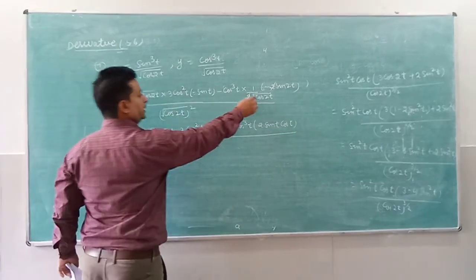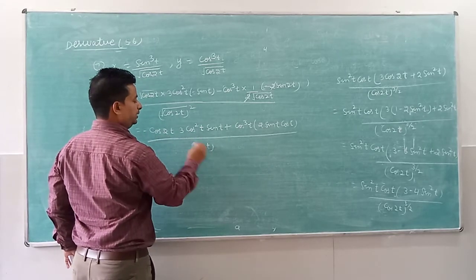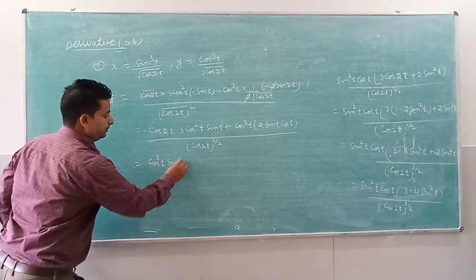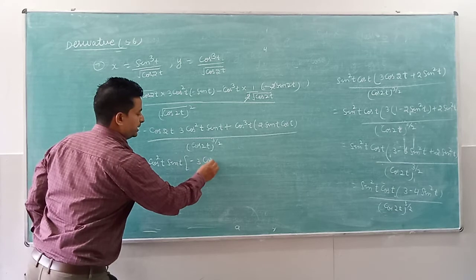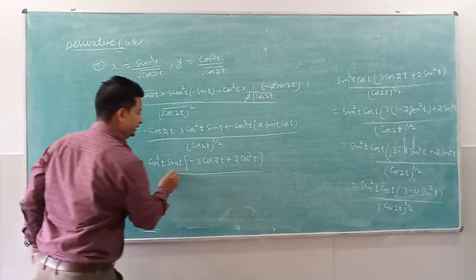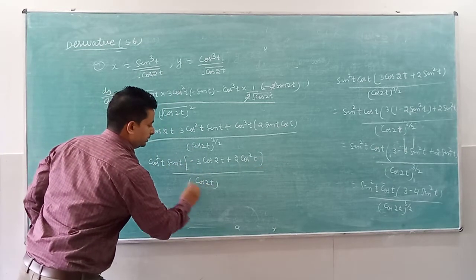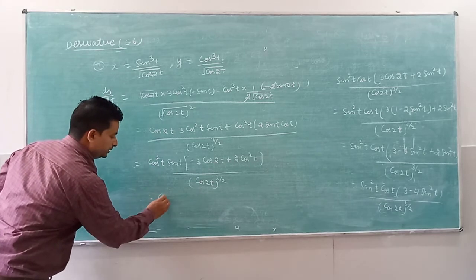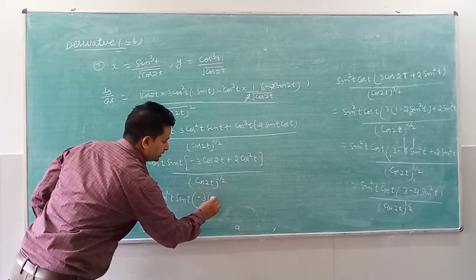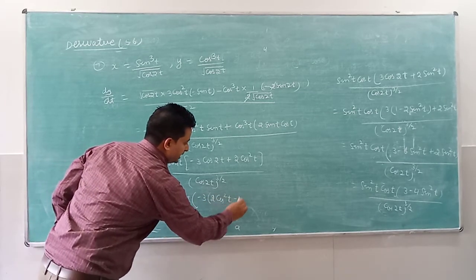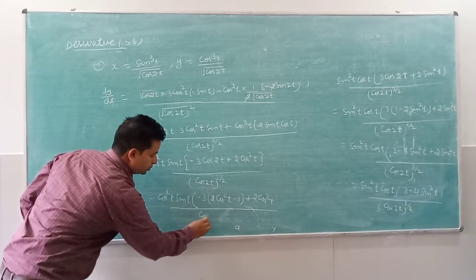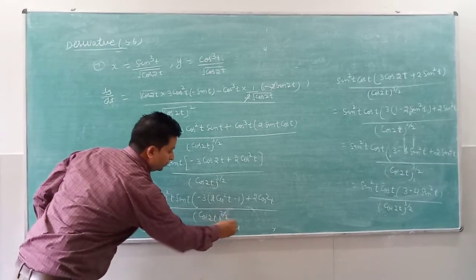This 1 and this half becomes 3/2. When we take cos²t and sin t common, this is minus 3 cos 2t plus 2 cos²t, whole power is cos 2t 3/2. This is cos²t sin t. Use cos 2t is 2 cos²t minus 1, so plus 2 cos²t over cos 2t whole power 3/2.